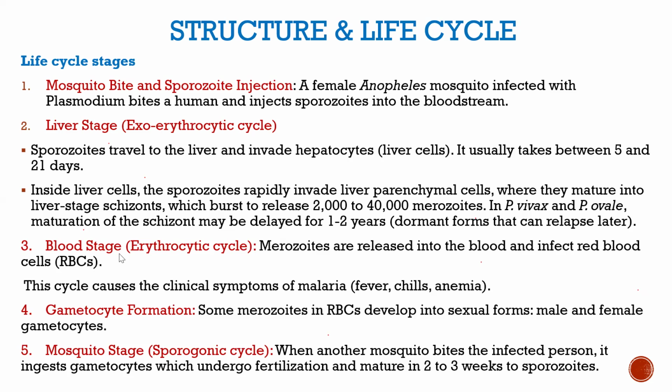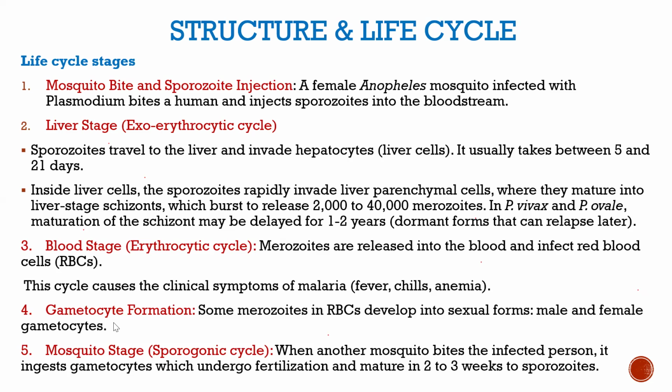So in the blood stage, there are two things that can happen. Some of the merozoites in the blood can undergo what we call gametocyte formation. Some merozoites in red blood cells develop into a sexual form, the male and female gametocytes. I'm going to tell you what these gametocytes do.